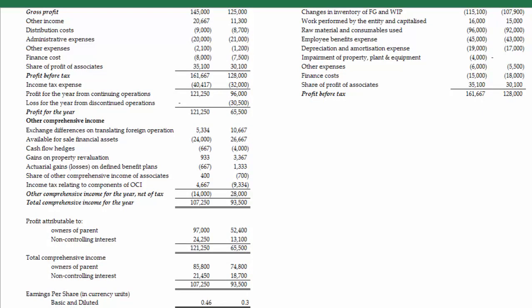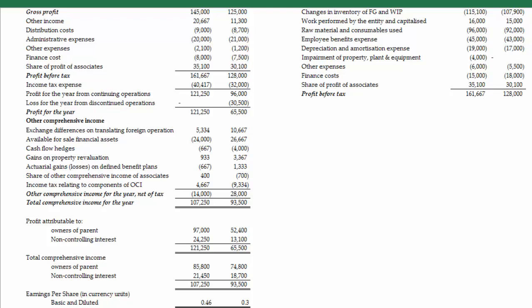As you can see, we have the profit or loss for the period attributable to non-controlling interest and the owners of parent, and the total comprehensive income for the period attributable to non-controlling interest and owners of parent. This attribution of profit or loss for the period and the total comprehensive income is applicable for a consolidated entity. When we learn consolidated financial statement, you will understand this better.